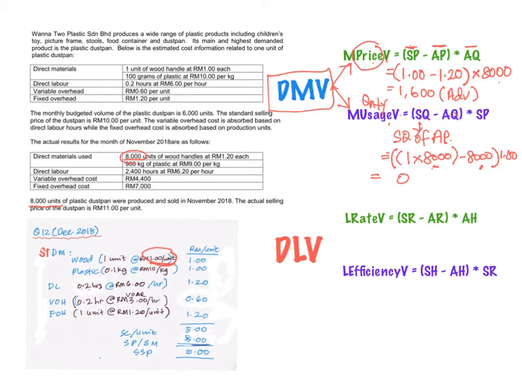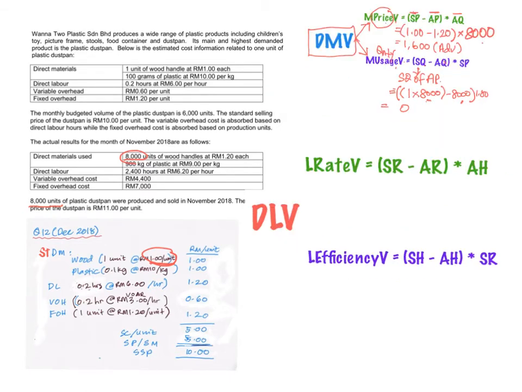So we are going to move to direct labor variance. For direct labor variance, same as direct material variance, we also have two types of variance here. One is labor rate variance, which is similar to the material price variance. Just now we were talking about price, but in terms of labor, you don't call it price, you call it rate, which is the rate that you pay for your labor.